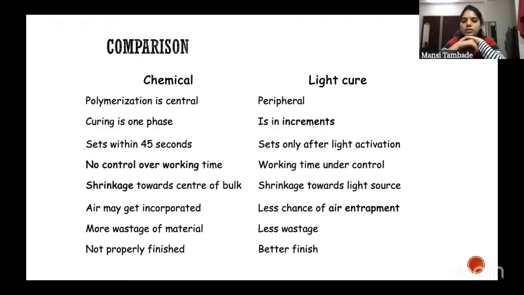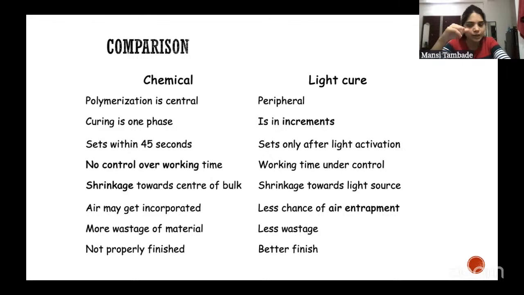In light cure, shrinkage occurs towards the light source, because part by part we place the composite. In chemical cure, air may get incorporated; in light cure there are fewer chances of air entrapment, because we are placing it with the instrument and tightly packing it within the cavity. The wastage of material is more in chemical cure.